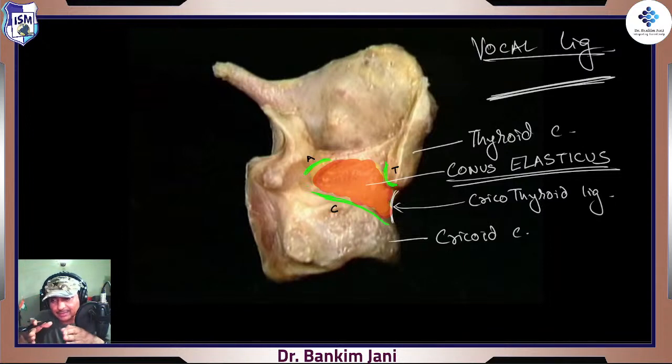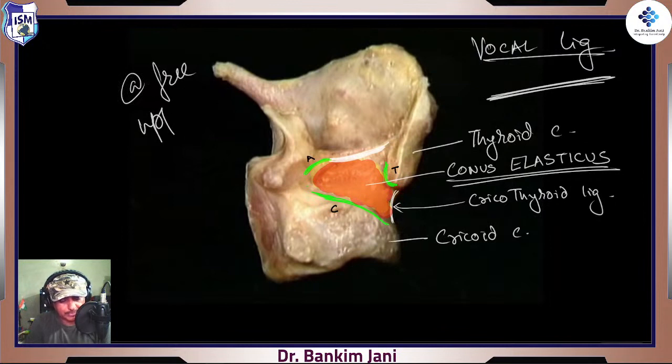So it means the conus elasticus is a layer, right? And the top is thickened, and that is what we are calling the vocal ligament. So over here, what we are watching is the free upper border of the conus elasticus.